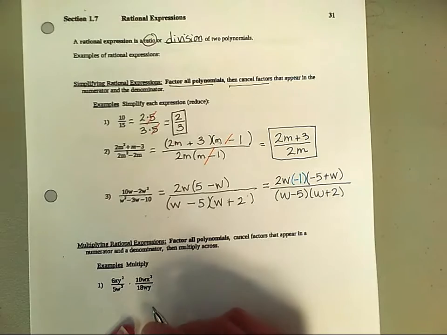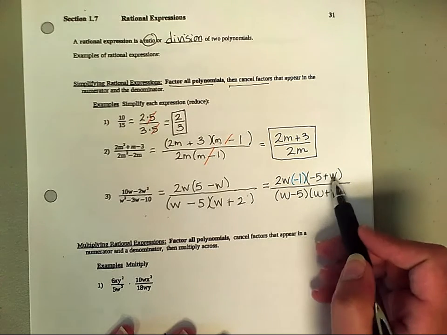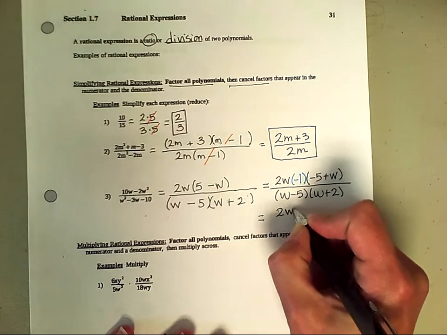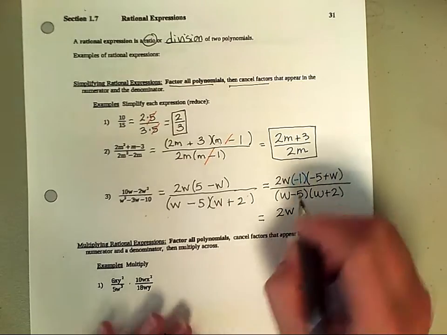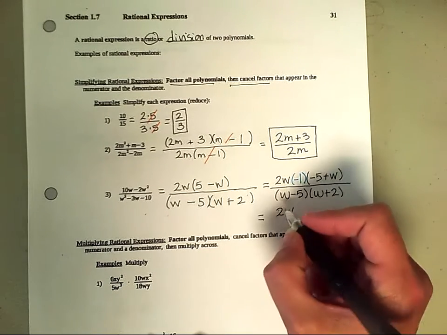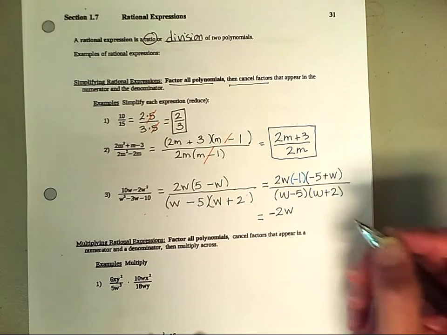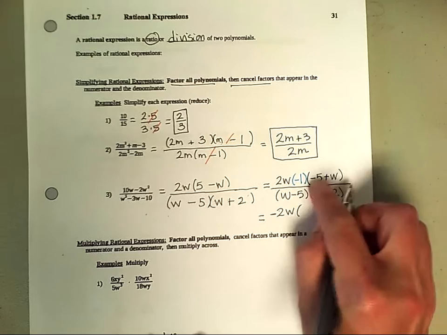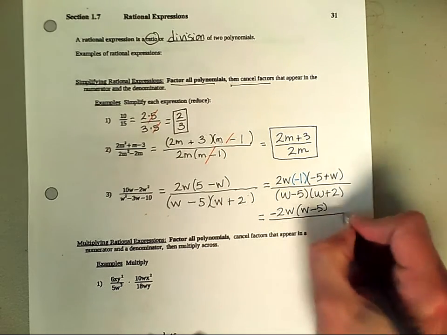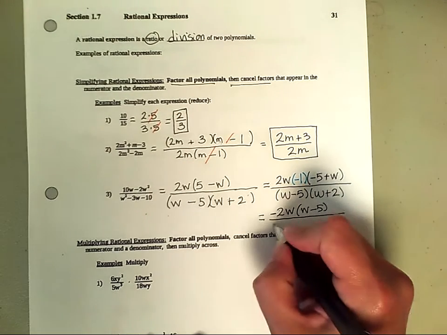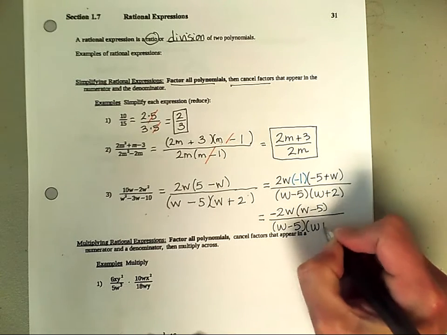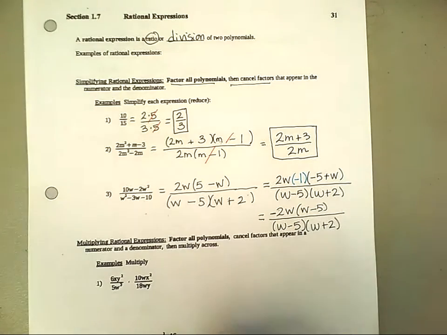Okay. Now we could rewrite this. We could commute, because addition commutes. We can write this as negative w, and let's put the negative, a negative 1 times positive 2w is negative 2w. And then I can commute these two to get w minus 5, over, and then we just copy the denominator again, w minus 5 times w plus 2.